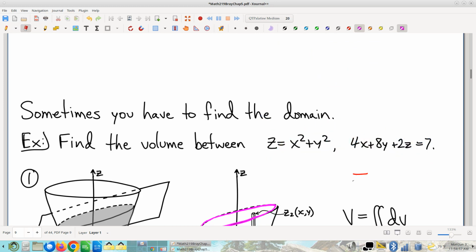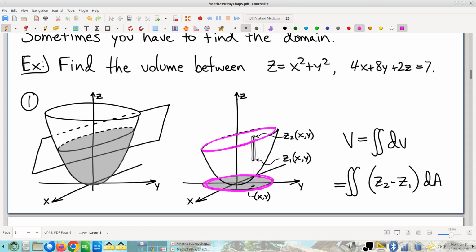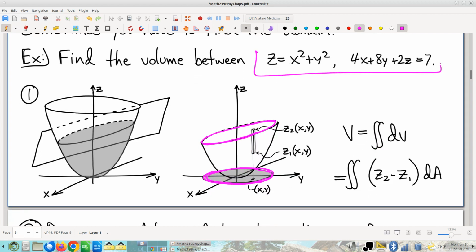So how do we represent these points that satisfy both of these equations? The way I would like to do it is to point out that for any given point in the domain, you can talk about the z-coordinate that comes from this first equation. You can talk about the z-coordinate that comes from the second equation, which is z, of course.